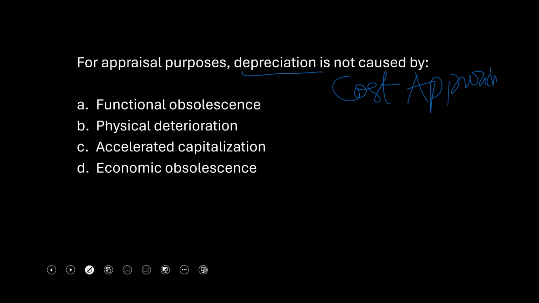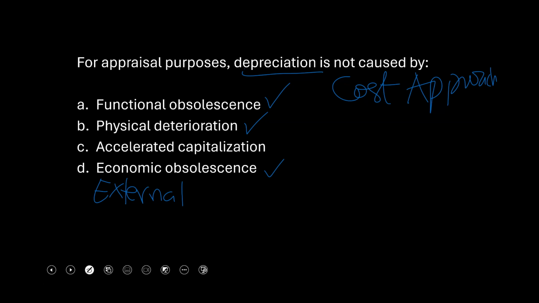And so, with depreciation, if you remember from your study, from your coursework, there were three kinds. There was functional obsolescence, physical deterioration, and economic or external obsolescence.